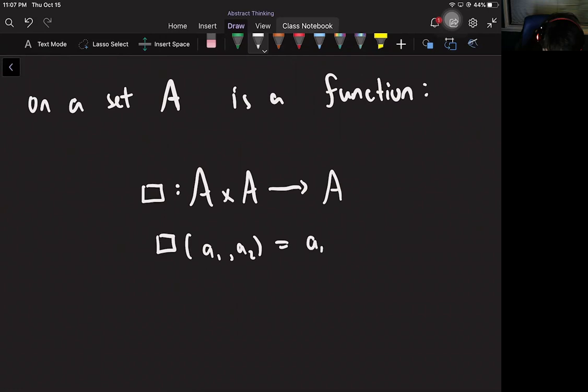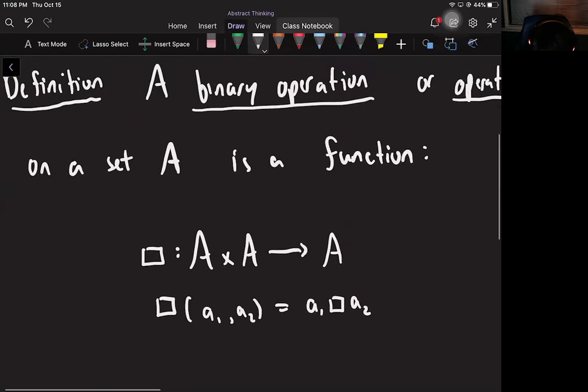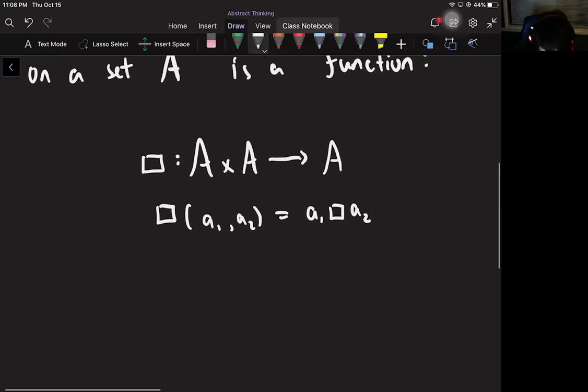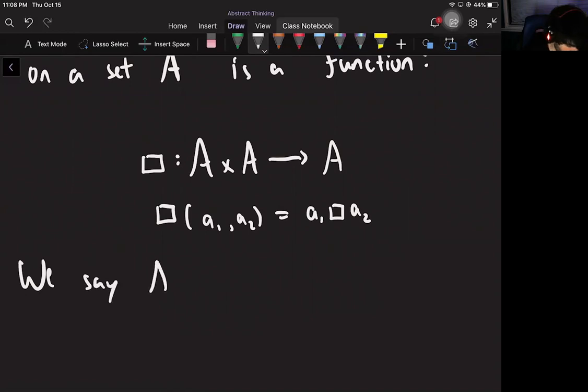So typically what you do is you write this box in between the two elements to say that you're combining them with the operation. So an operation is really just a function that takes in two things and outputs one thing of the same kind.